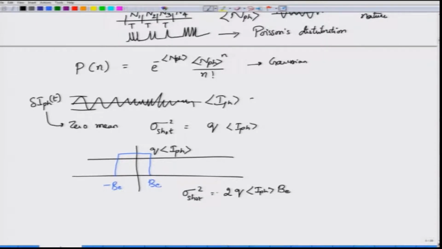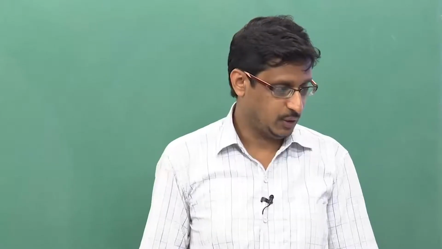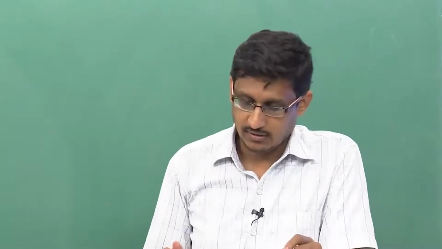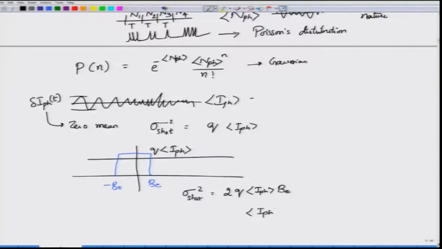Okay. This is the variance, because variance is actually the average power that is dissipated across a 1 ohm resistor. In case there is dark current, then you add the mean dark current to this photocurrent. Okay. So, the shot noise variance simply becomes 2q into the mean photocurrent, which is generated because of the photon incidence, plus the dark current, times B_E.